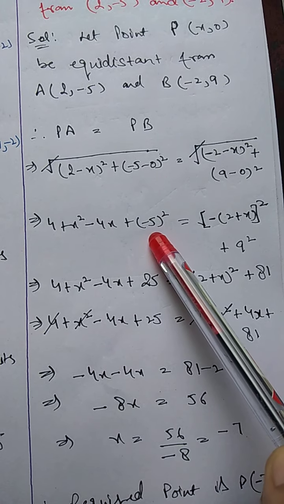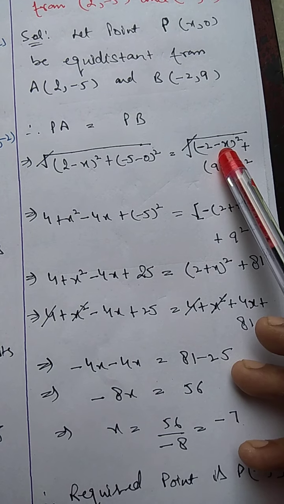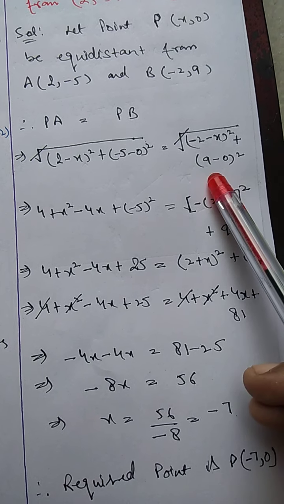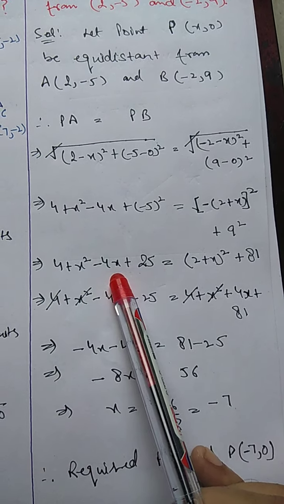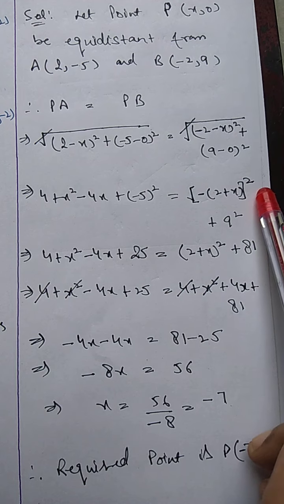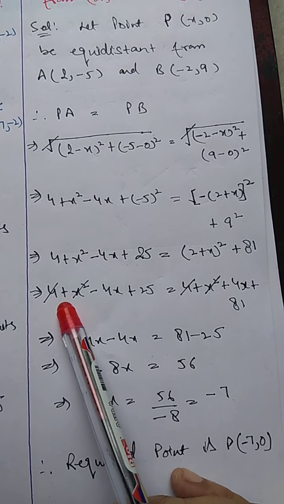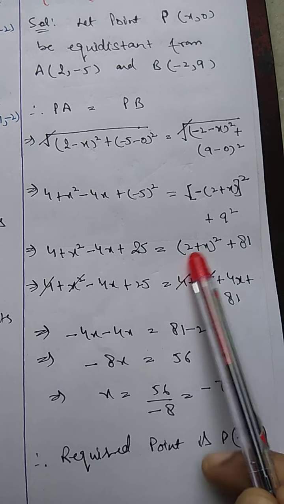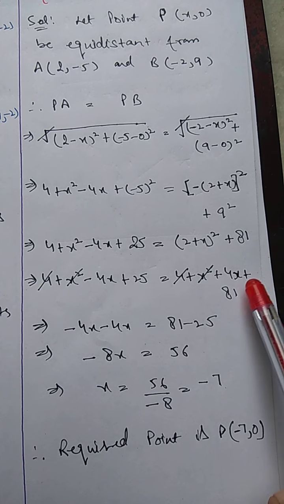So the LHS is 4 plus x square minus 4x plus (-5) square, which is 25. On the RHS, the two negatives become positive, so it becomes (2 plus x) whole square plus 81, which is 4 plus x square plus 4x plus 81.